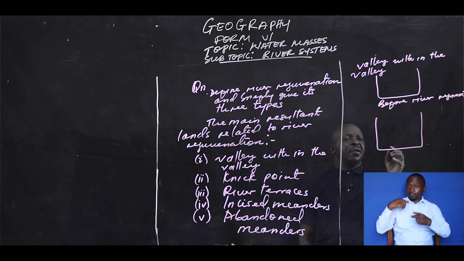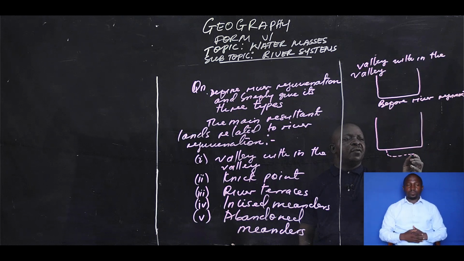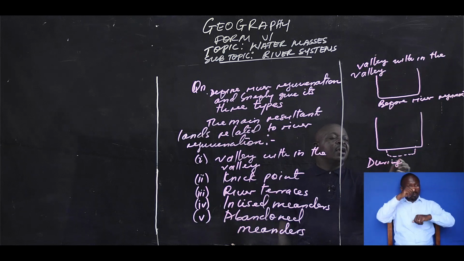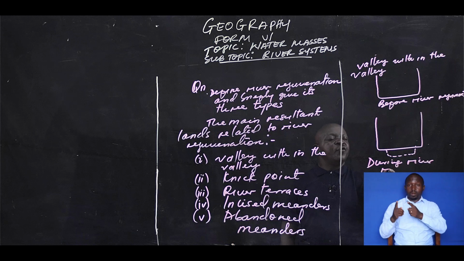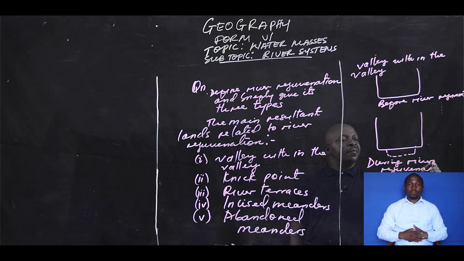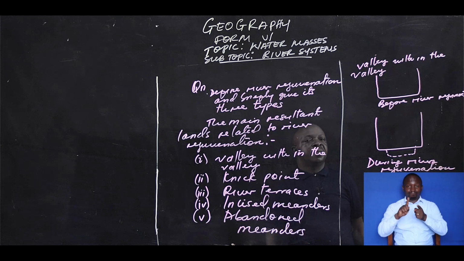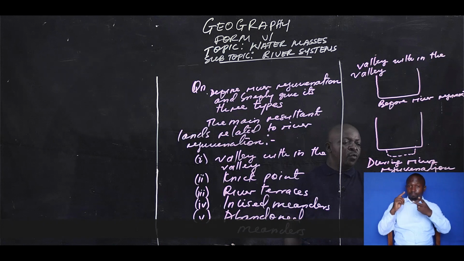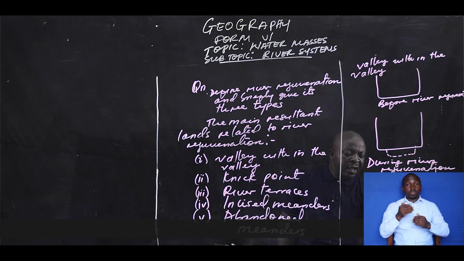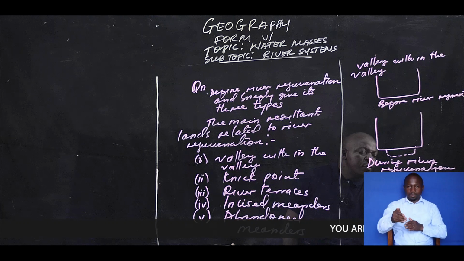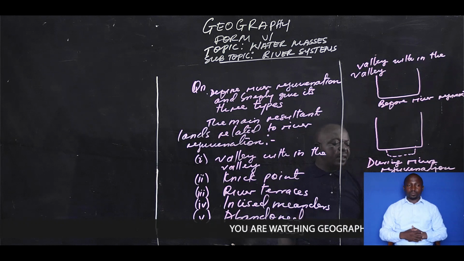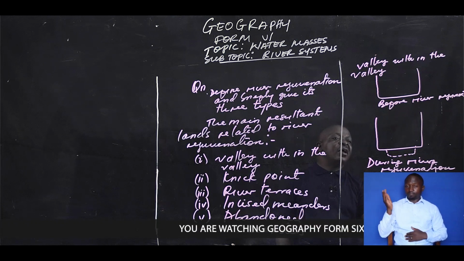Here we have the valley during river rejuvenation. Here we have the valley after rejuvenation. Now this is what we used to call valley within the valley.